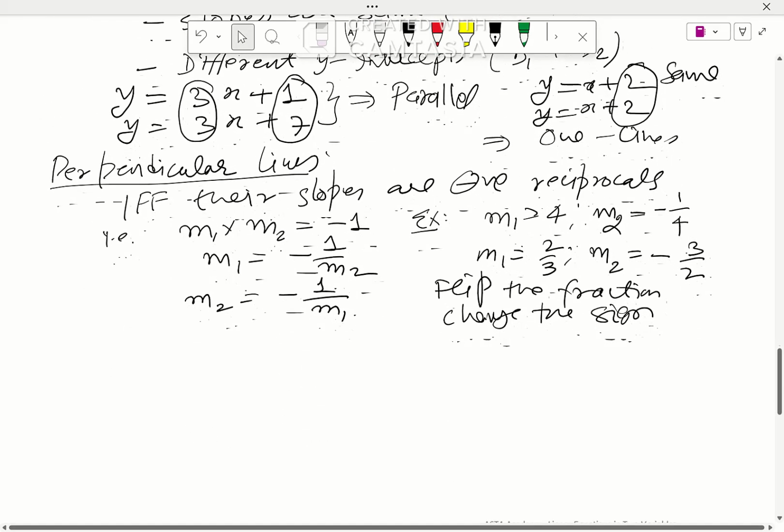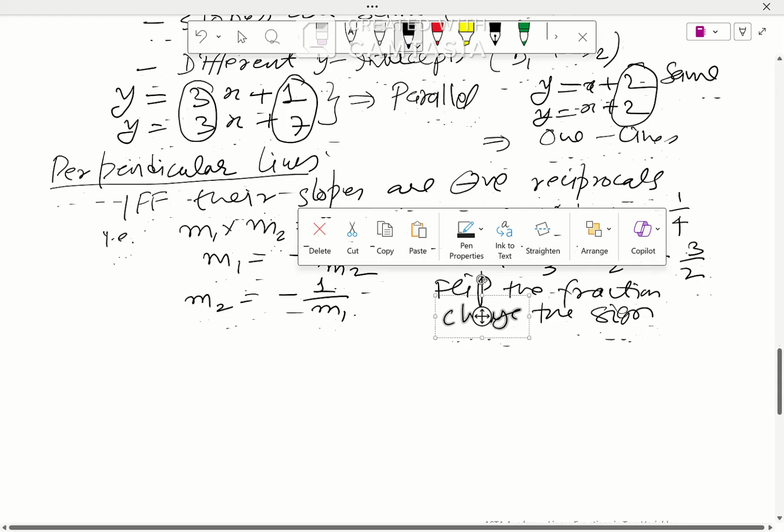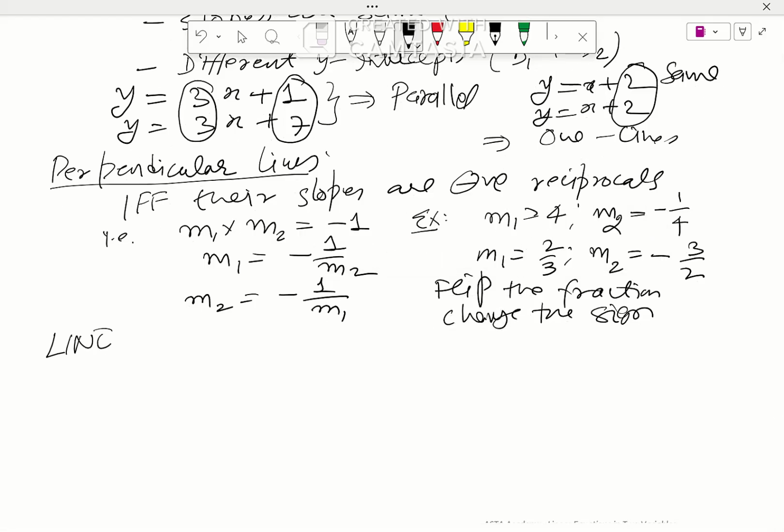Now we come to another important topic we talked about in the beginning: linear modeling. Linear modeling is a type of question you will get when a paragraph, an in-context problem, is given, and you need to assume some x variable, y variable, there's some relationship given, and you need to establish that relationship and then solve it.